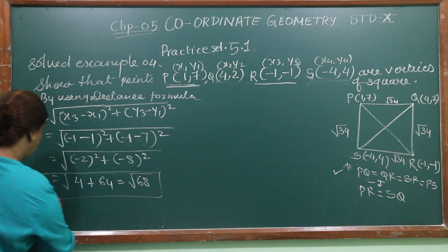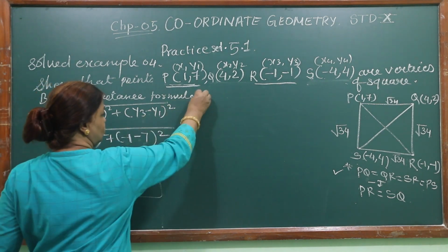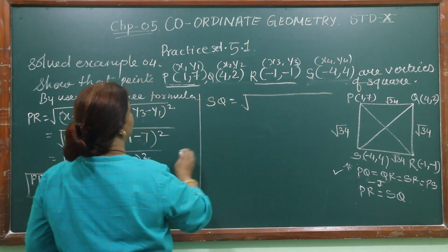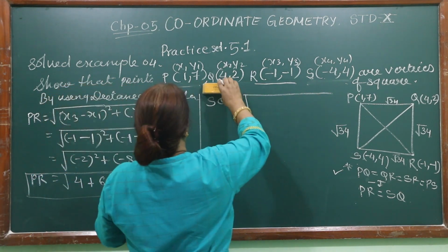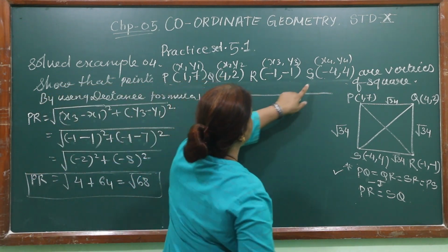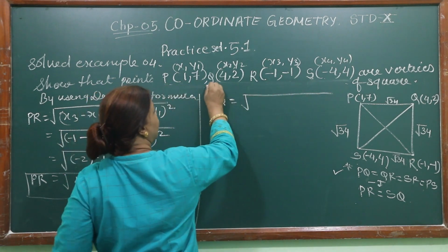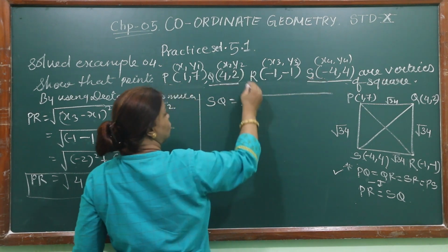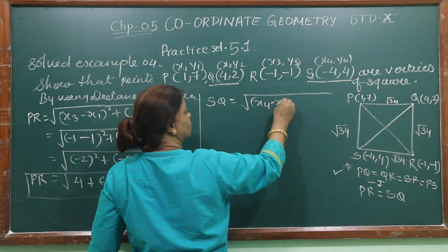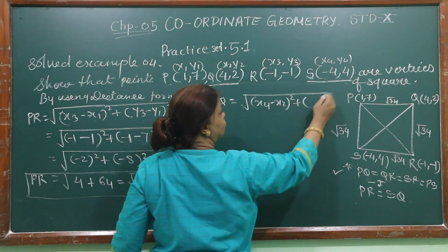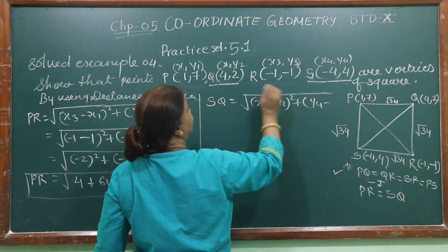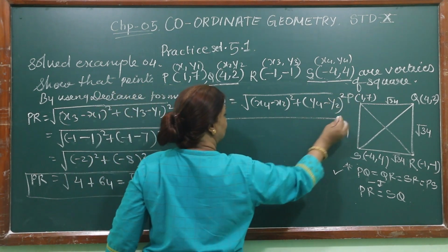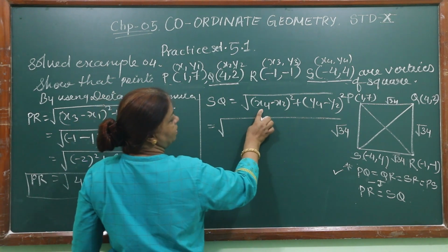Let us go for SQ. Now SQ is equal to, by distance formula, now where is S and where is Q? Let us see, this is S and this is Q. So we need X4 minus X2 the whole square plus Y4 minus Y2 the whole square, and what we will get? Place the values now. X4 is how much?